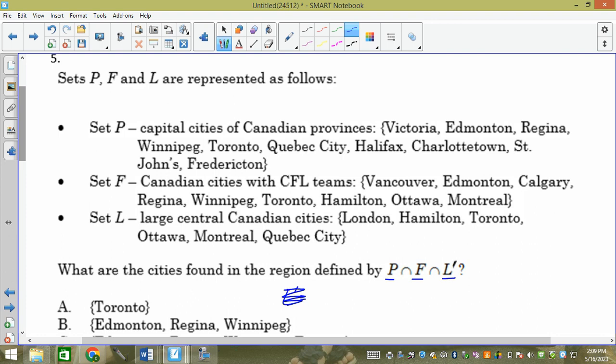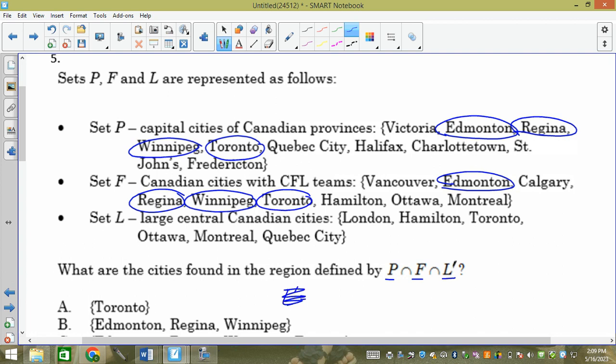So I'm going to narrow down. Is Winnipeg in both? Actually, we'll start here. Victoria in both? Edmonton? Yes. Regina? Yes. Winnipeg? Yes. Toronto? Yes. Quebec City? Halifax? No. Charlottetown? St. John's? Calgary? Montreal?